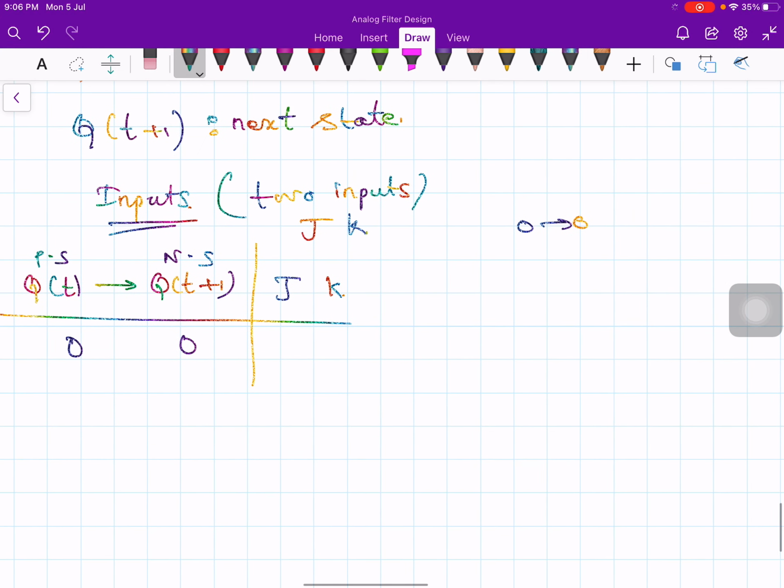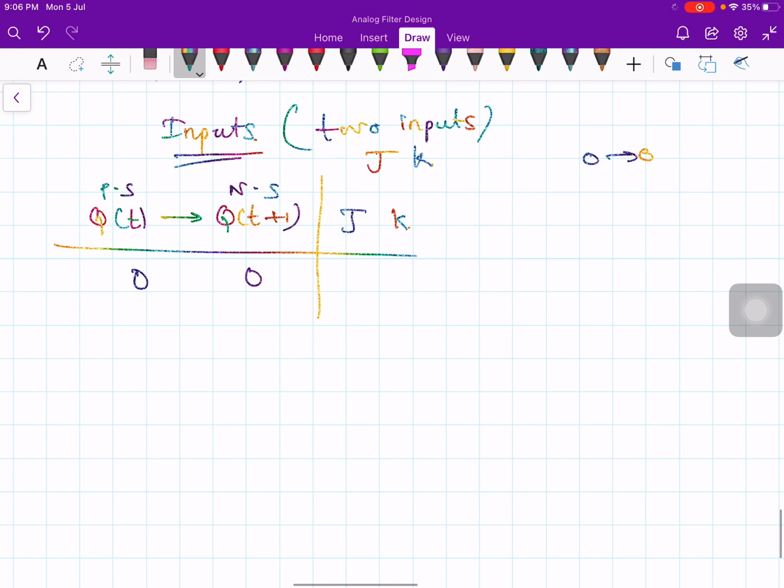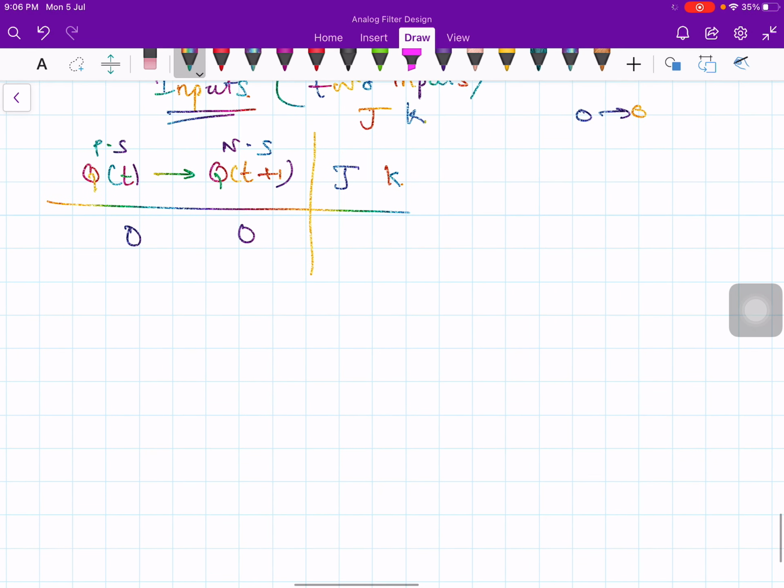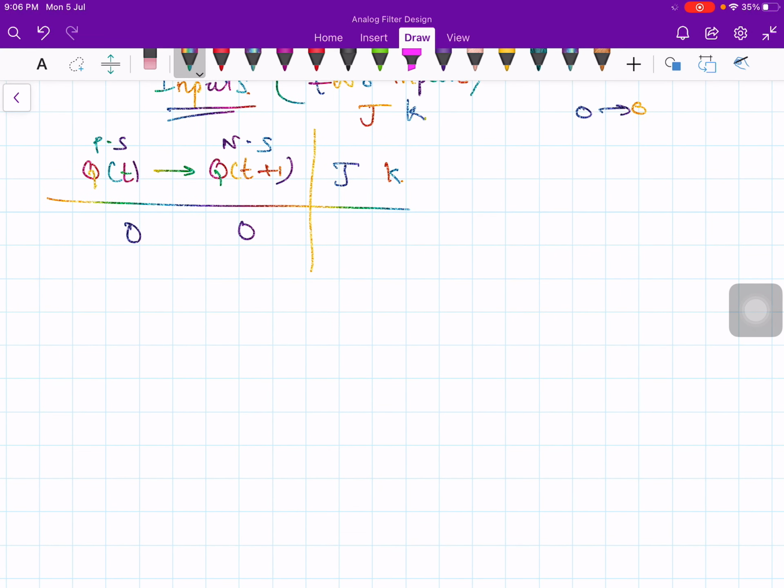Let us take a few seconds and think and write down the table. So I have two inputs here, J and K. So it has two columns, one column for J and one column for K. So it has two columns in the excitation table. Similarly, if you take T flip flop, it has only one input, so therefore it has only one column in the excitation table.